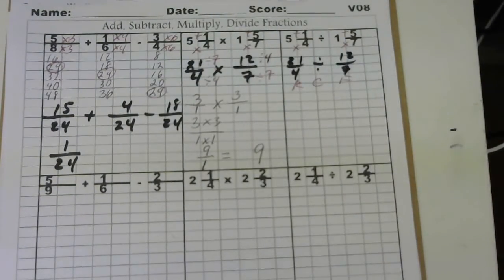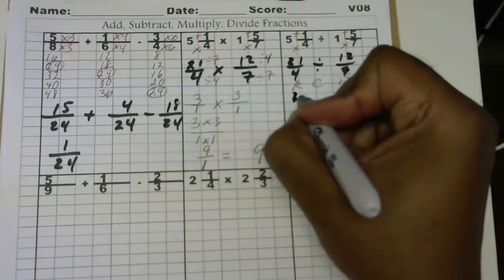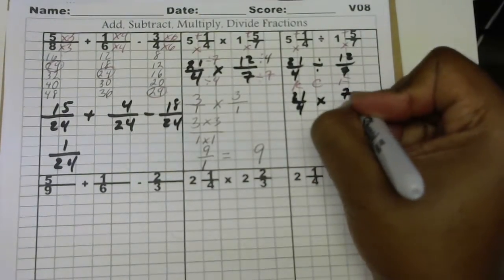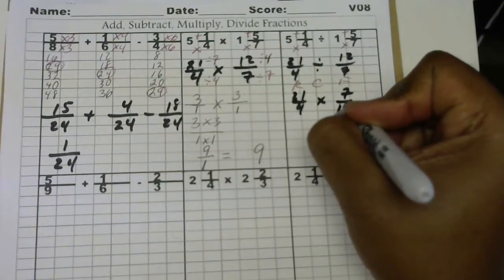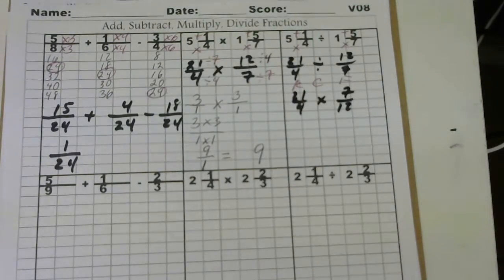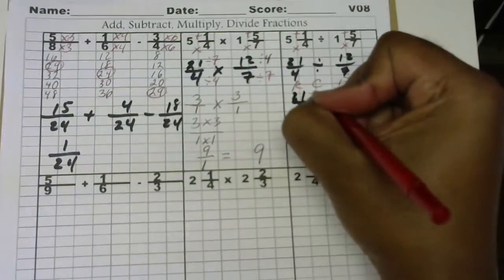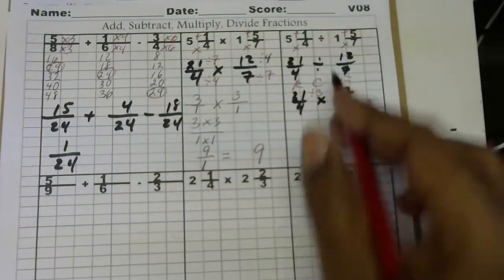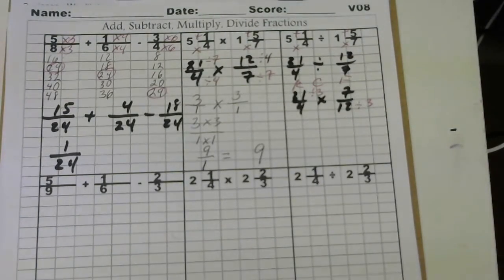The 21 over 4 will remain 21 over 4, times, and this becomes 7 over 12. Now, I do see some division here. I can divide this by 3, and this can be divided by 3. So we'll put the divide by 3s here.